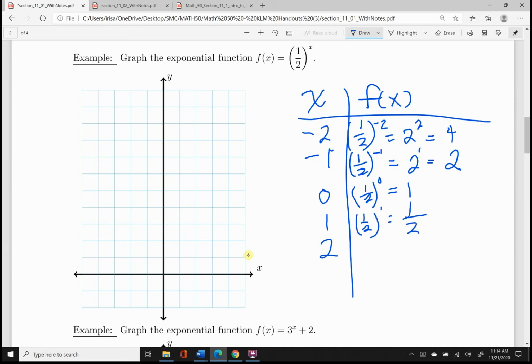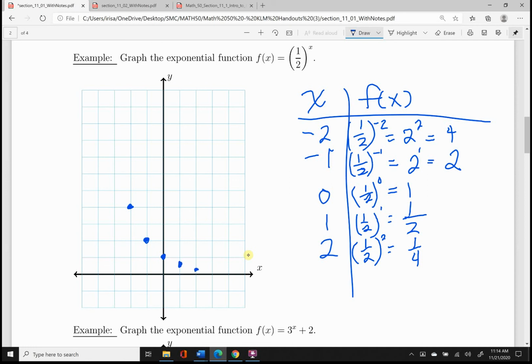And 1/2 to the 2nd power is going to be 1/4. Cool. So I'll plot these 5 ordered pairs. We have (-2, 4), (-1, 2), (0, 1), (1, 1/2), and (2, 1/4).